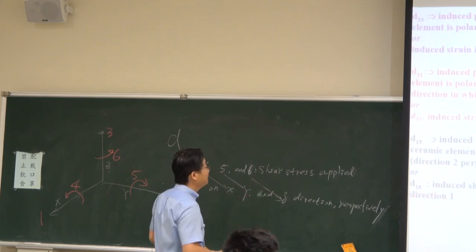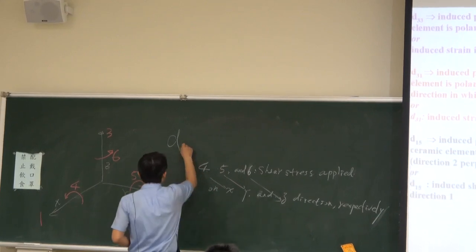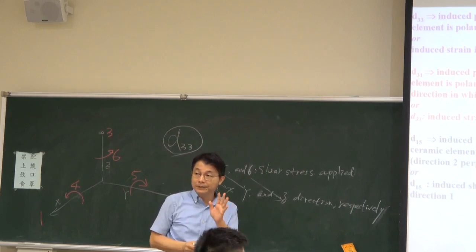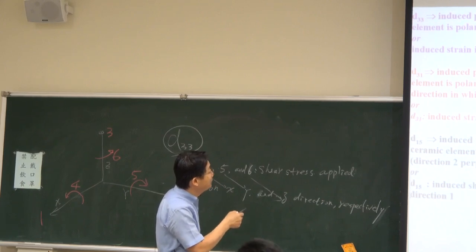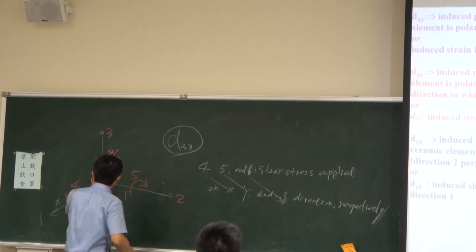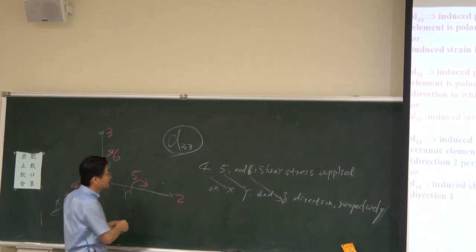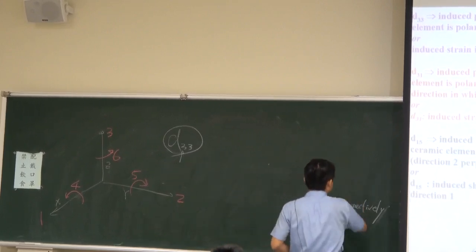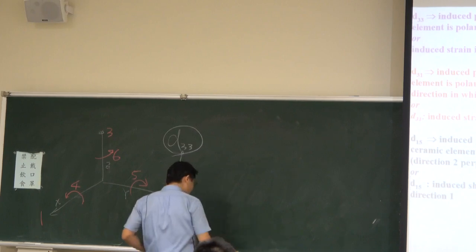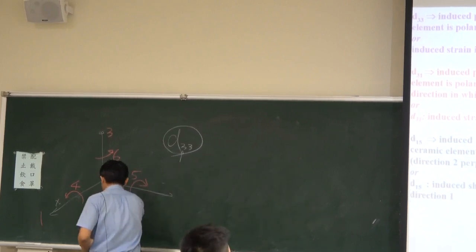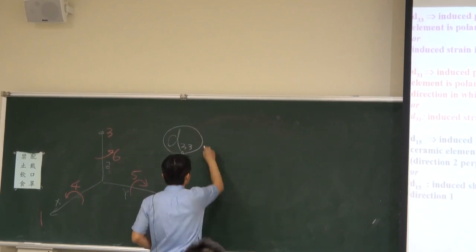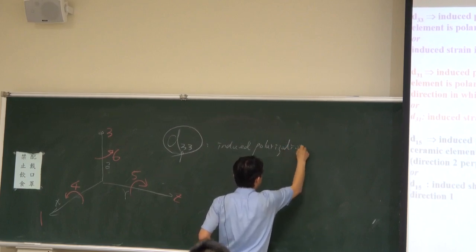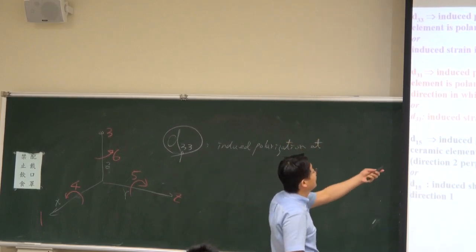For example, d33, the direct piezoelectric coefficient, means the induced polarization in direction 3, the first subscript.